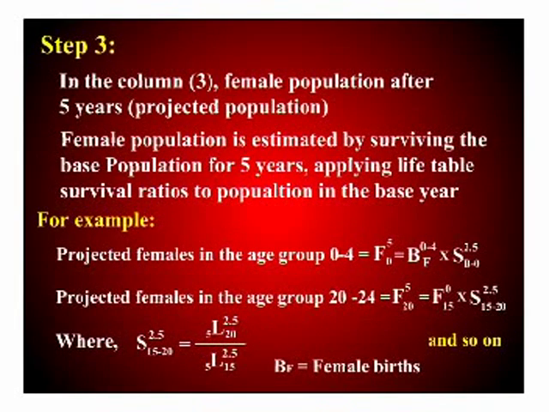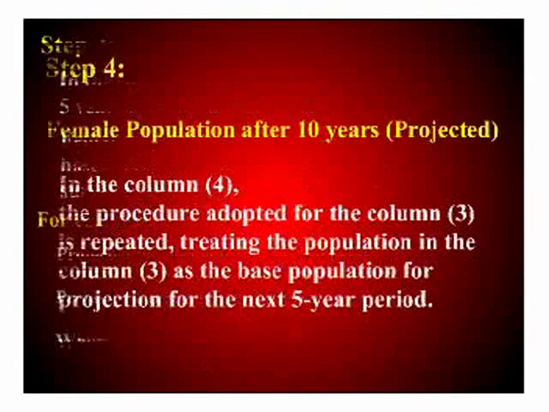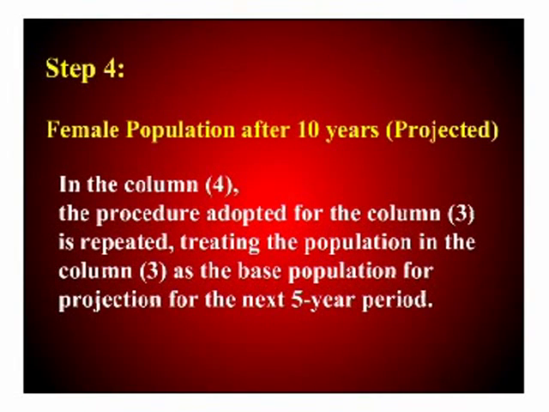For example, F20 after 5 years equals F15 at base year into the survival ratio during the age interval 15 to 20 at the mid period. In column 4, the procedure adopted in column 3 is repeated, treating the population in column 3 as the base population for the projection for the next 5-year period. In the whole of the projection period, migration is treated as zero.